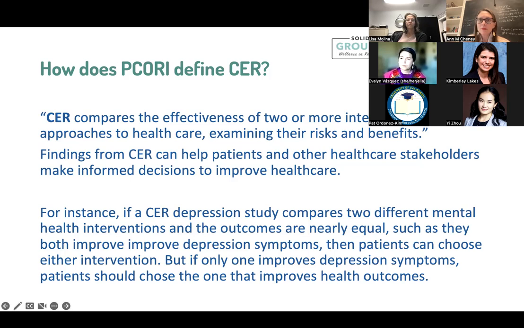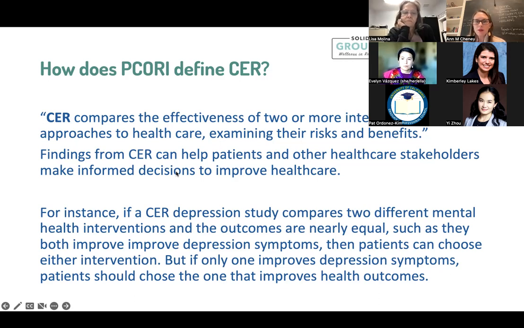So for instance, as we just walked through, if a comparative effectiveness clinical research study on depression compares two different mental health interventions and the outcomes are nearly equal, such as they both improve depression symptoms, then patients can choose either intervention, right?